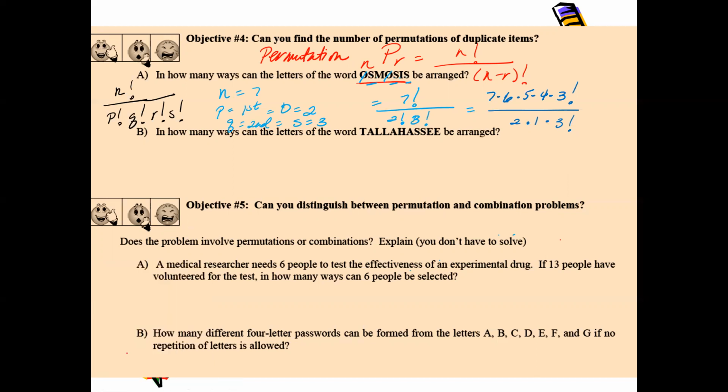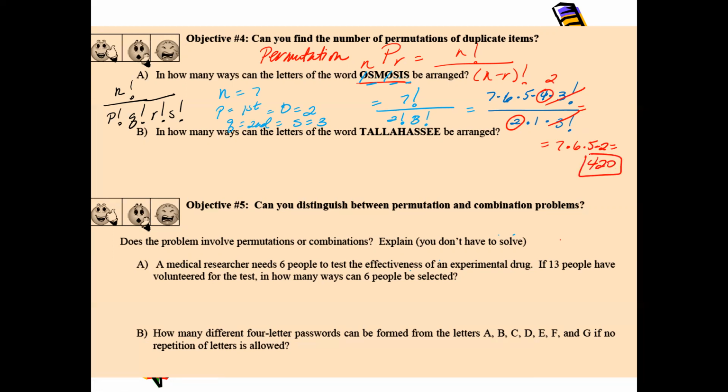And you can go ahead and directly just cancel this part out. 4 divided by 2 is going to give me a 2, and that's as much as we can cancel. So then your answer is going to be 7 times 6 times 5 times 2. So the different ways that you can do this is going to give you 420 different arrangements.